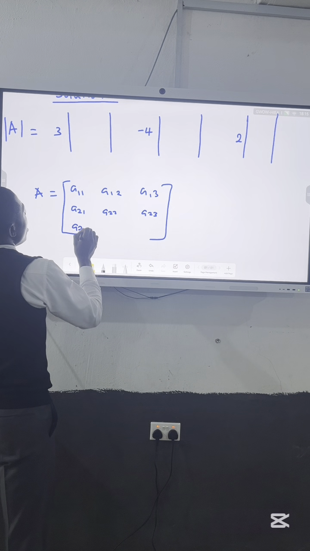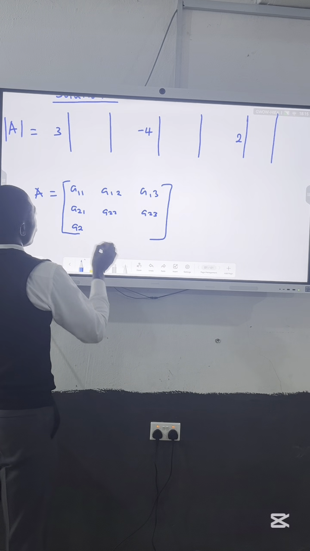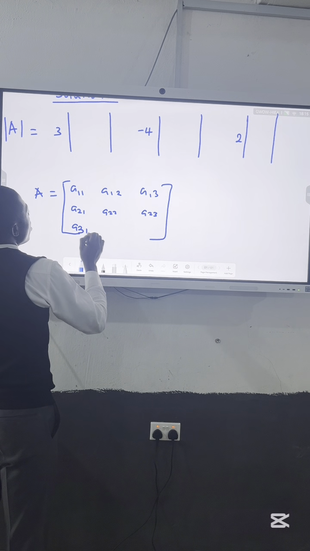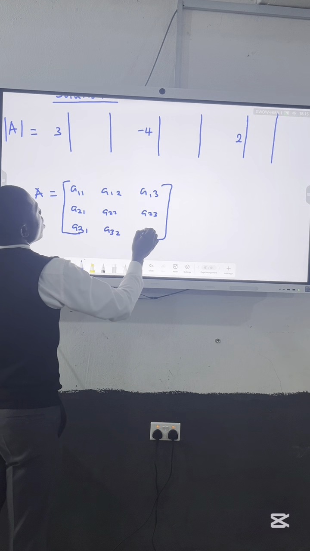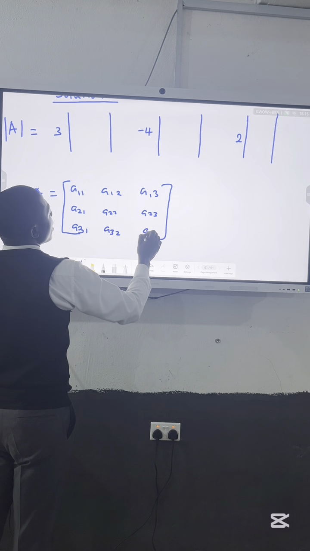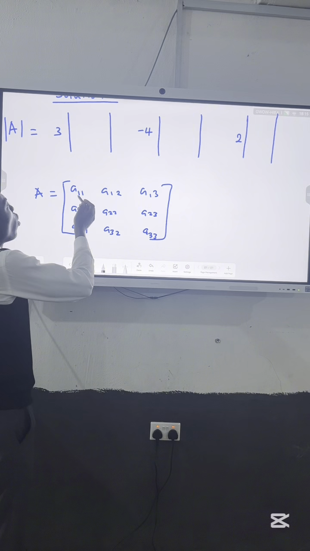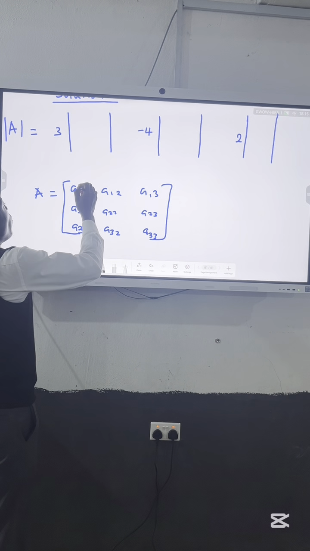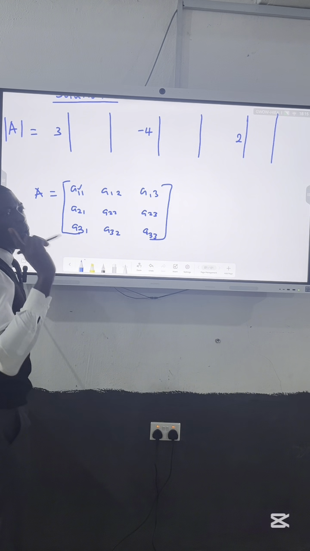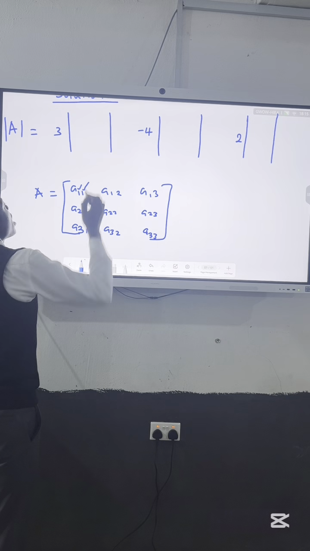Then A31, A32, and A33. Please, it's not A eleven. The first number stands for the row, and the second one stands for the column. So first row, first column.